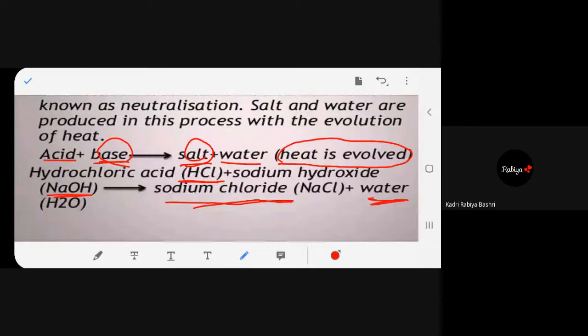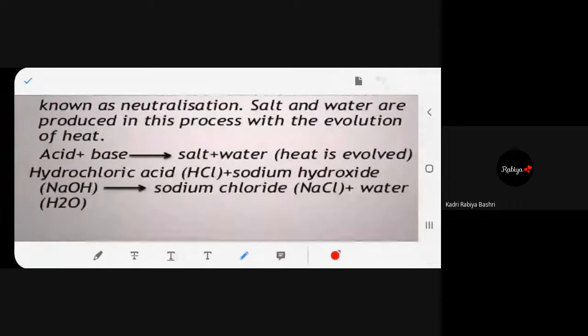Here, when we are taking acid and base, again I repeat, hydrochloric acid, HCl, is an acid. Sodium hydroxide, that is NaOH, is the base. It gives sodium chloride, NaCl, as salt.